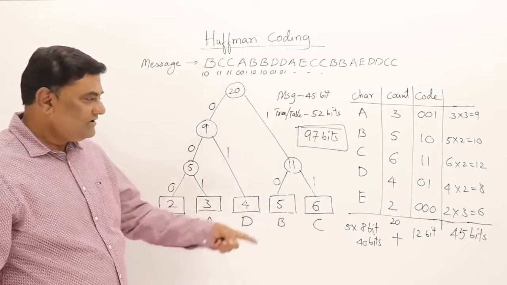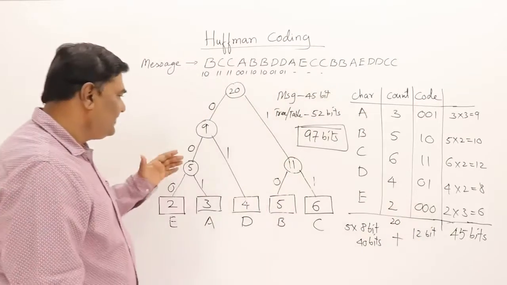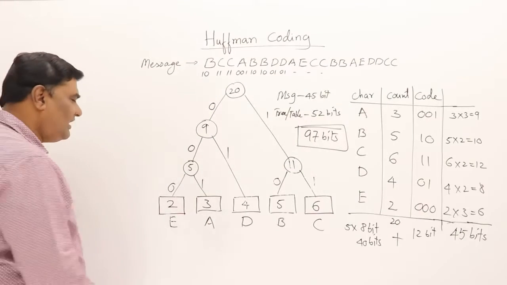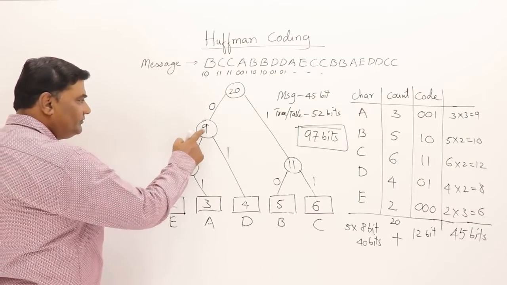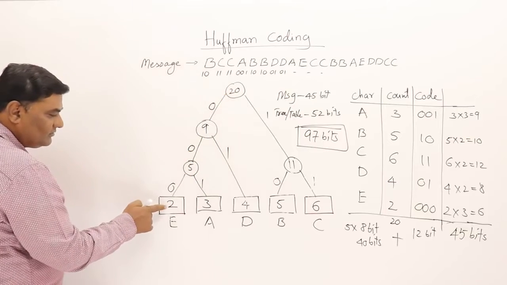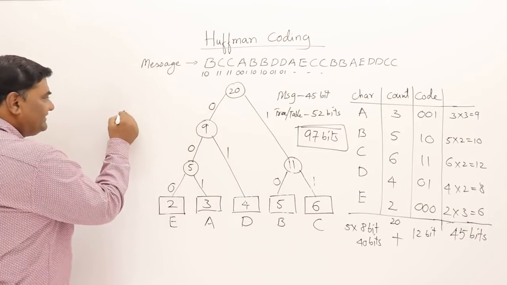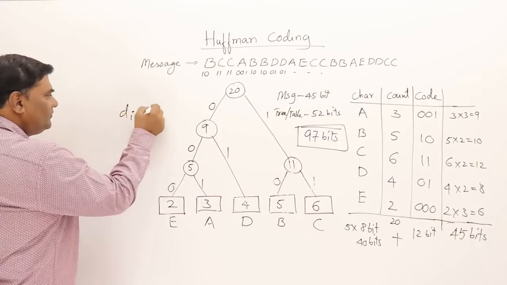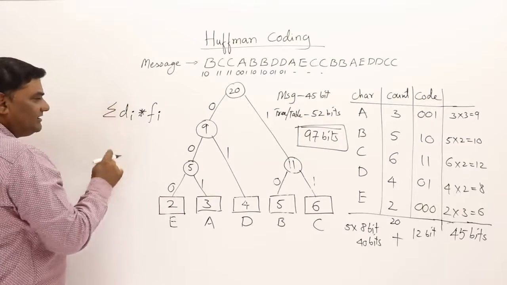Now if you want to know the size of the message, that 45, you can know it from the tree also. How? See, this is the distance. How much is the distance? 1, 2, 3. And the frequency is 2. So 3 into 2. So distance into frequency of each, and you can take sigma, the sum of all these.